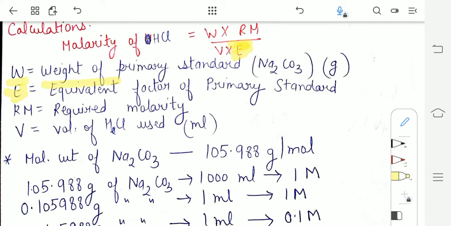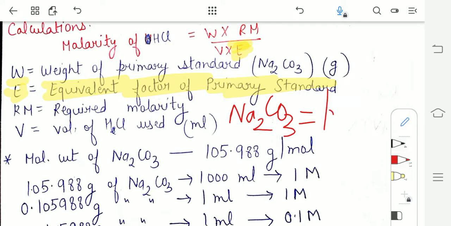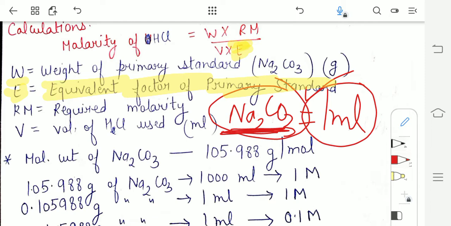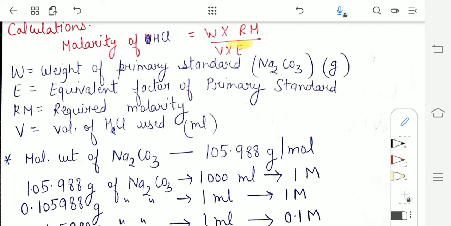This means that the grams of sodium carbonate that will react with 1 ml of HCl is the equivalent factor of our sodium carbonate, our primary standard, whose strength we already know. In order to know how many grams of sodium carbonate will react with 1 ml of HCl, we must first know how many grams of sodium carbonate are present in 1 ml of sodium carbonate solution. This is what we are going to calculate.